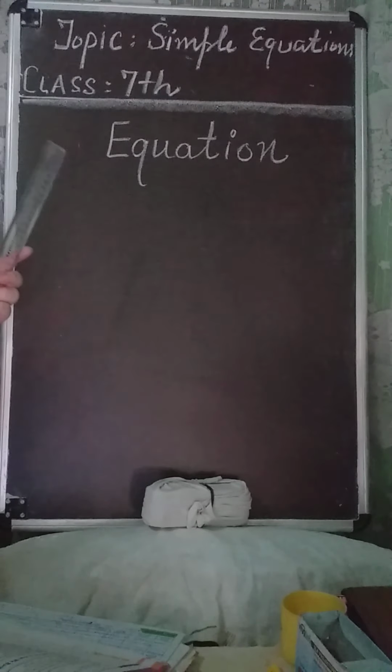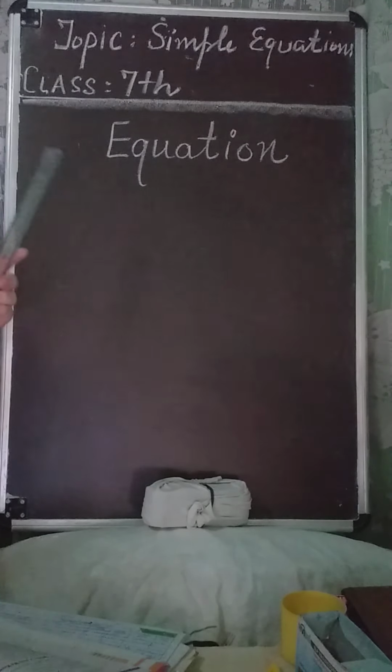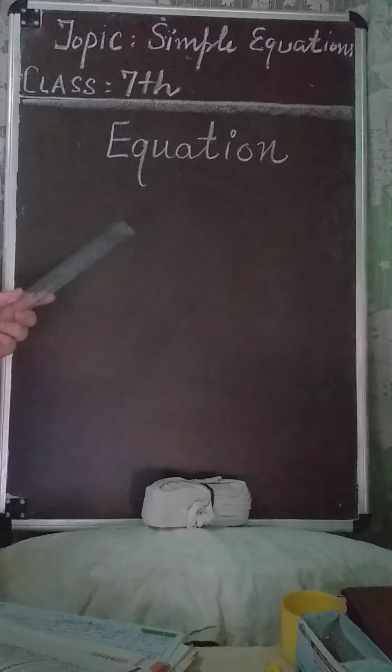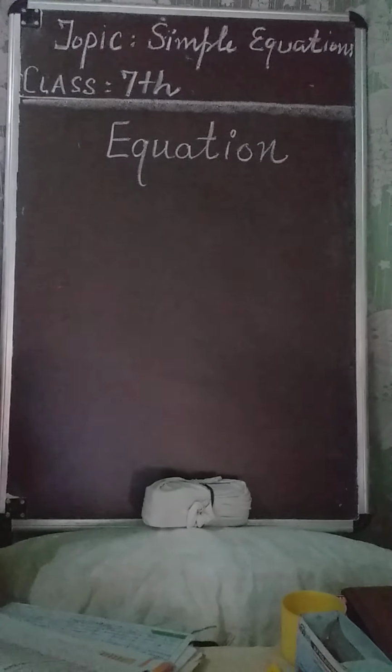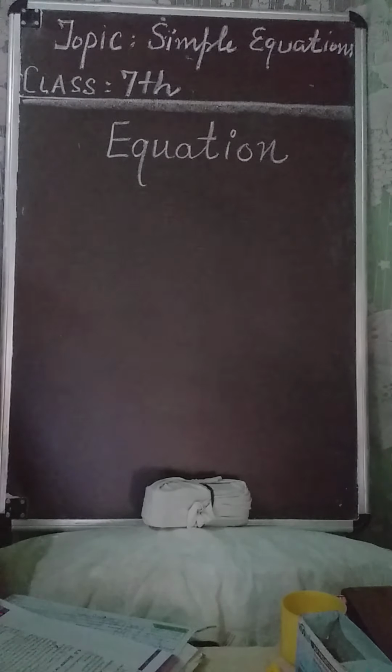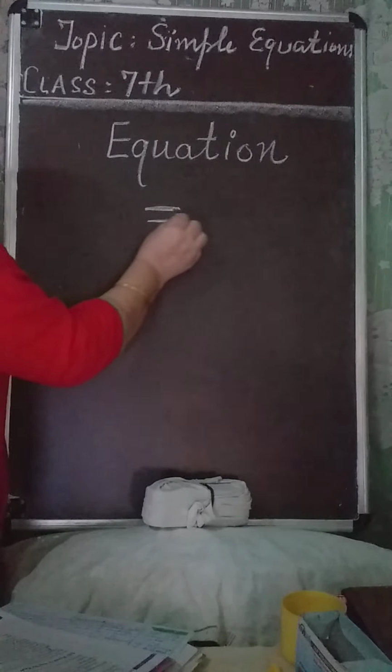An equation is a mathematical expression that states that two quantities are equal. In other words, we can also say that in an equation there is always an equality sign. So if I write, this is called the equality sign.